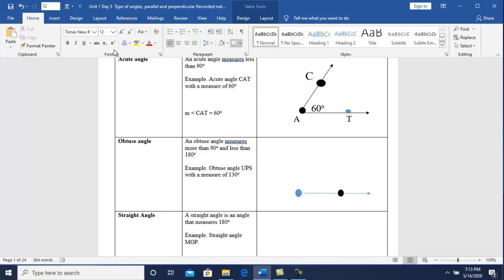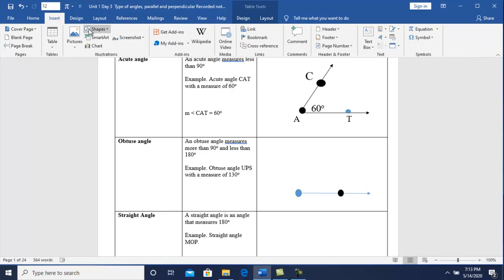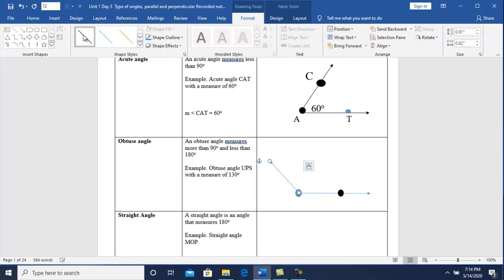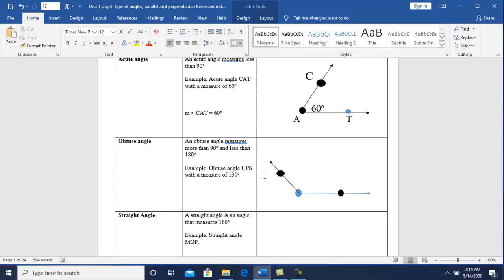So we need a second ray. It's about there. Again, it's a bit of an estimate, but we need a point. In our last unit we talked about how to measure an angle, and we'd use a protractor.